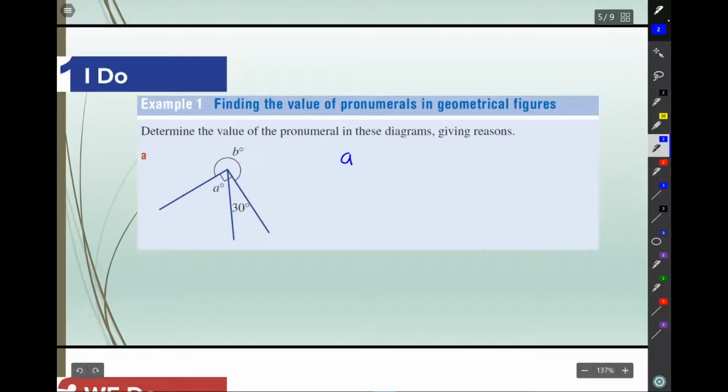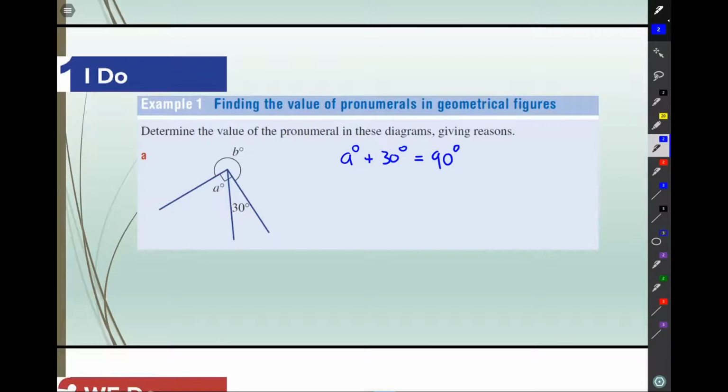We need to work out the value of angle A and the value of angle B. I'm going to start with angle A. We know that angle A plus 30 degrees has to equal 90 degrees.